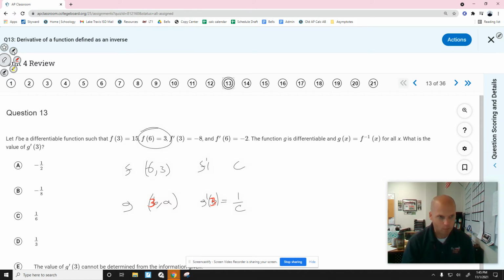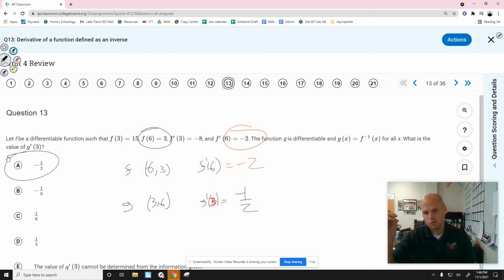And that means I want to know the derivative of f at 6, which is negative 2, which means the derivative of g at 3, the corresponding point (3, 6), would be negative half. Too many people just go to f prime of 3, negative 8, and answer negative 1/8, but they're not thinking about the table: flip-flop points, flip-flop slopes, reciprocal slopes.